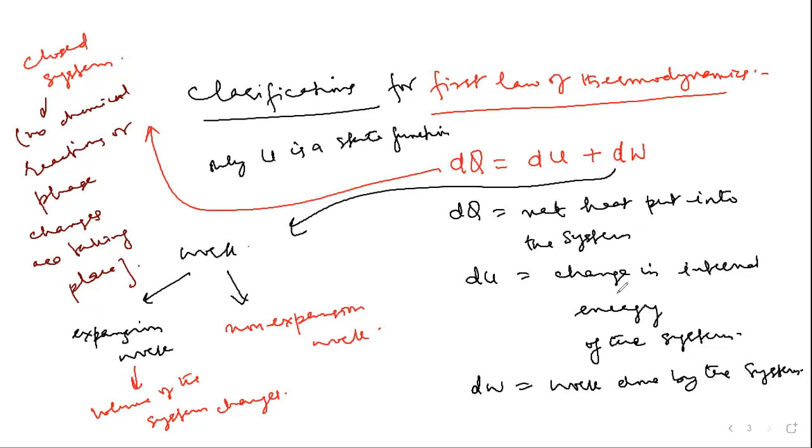Another thing, in this expression, when I write positive work is work done by the system, in some books, positive work is used for work done on the system. I mentioned some books, particularly chemistry books. Some books, particularly chemistry books, use this convention.